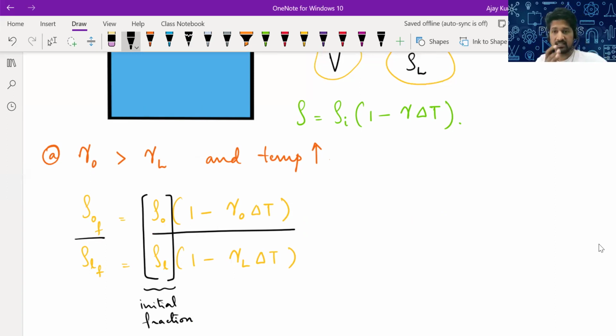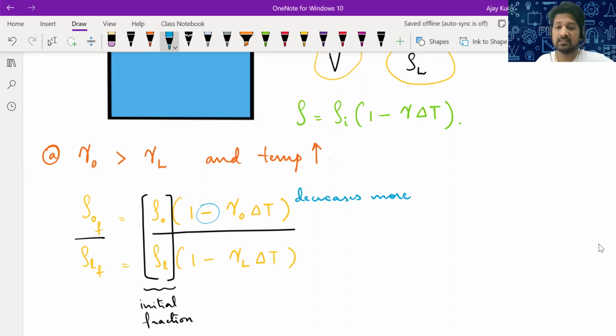Fine. That initial fraction is now multiplied with 1 minus gamma naught delta T divided by 1 minus gamma L delta T. Now it is given in the question that gamma of object is more than gamma of liquid.